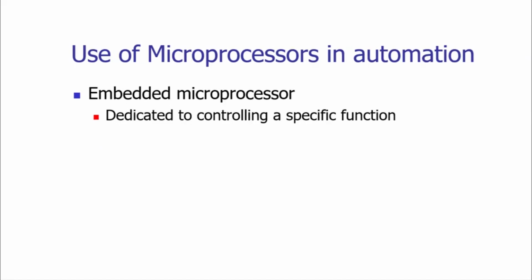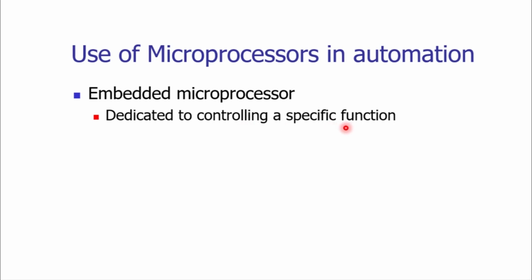The general microprocessors which are used in the automation industry are the embedded microprocessors. Some of the features of these microprocessors are: first, they are dedicated to the control of a specific function. For example, we want an automatic control system to control the temperature of an electric furnace.